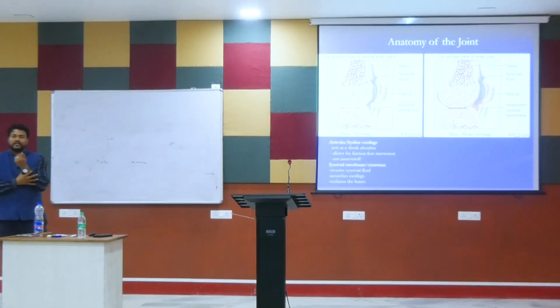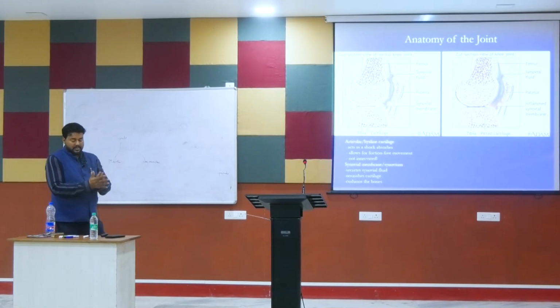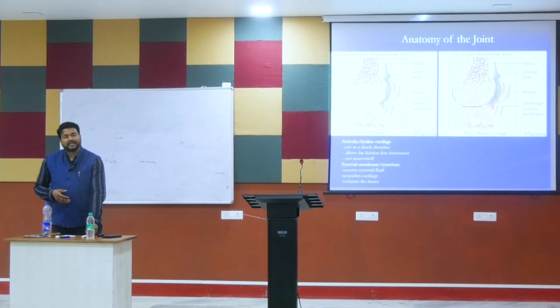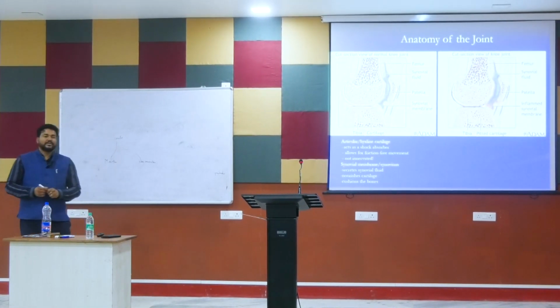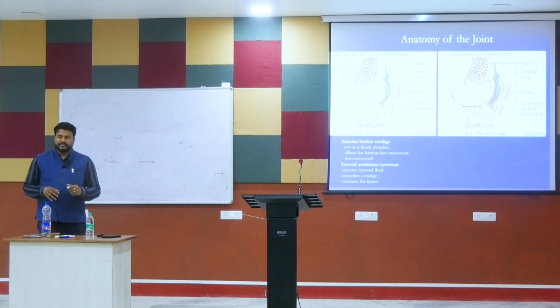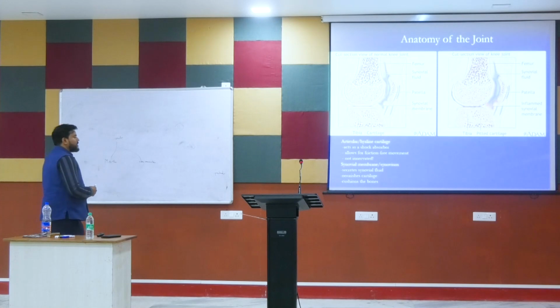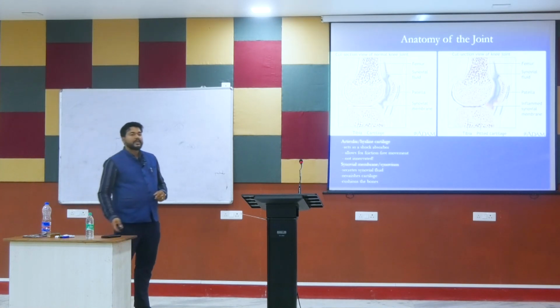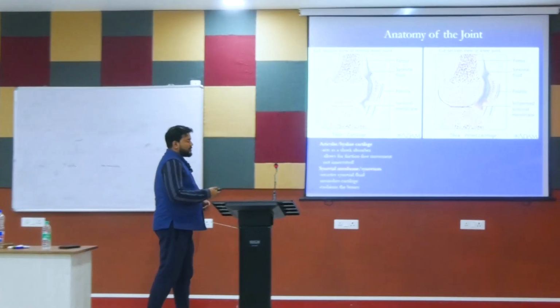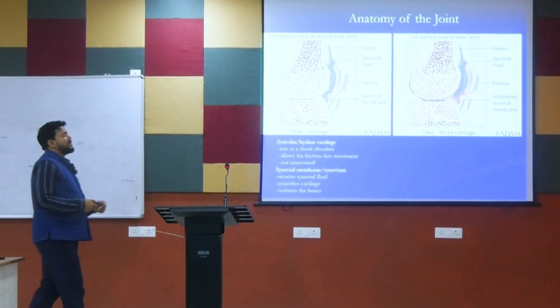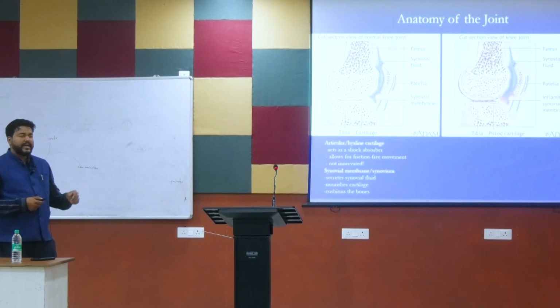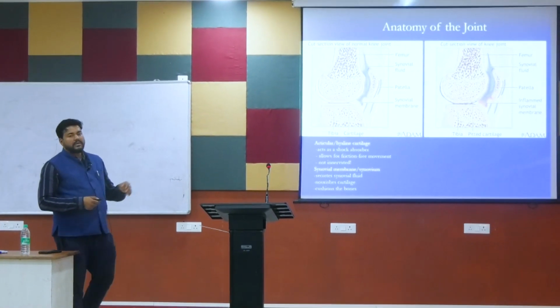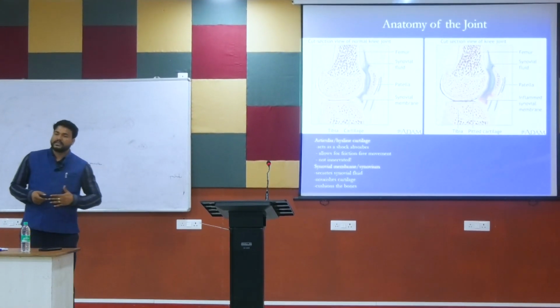Rubor, calor, dolor, tumor, and loss of function. So if there is inflammation, there will be pain in the knee joint, redness, swelling due to fluid accumulation, and restriction of movement, that is loss of functionality.